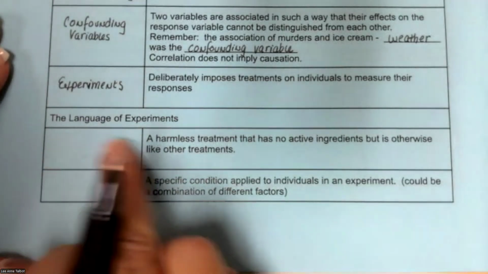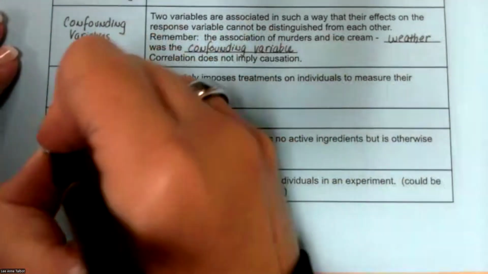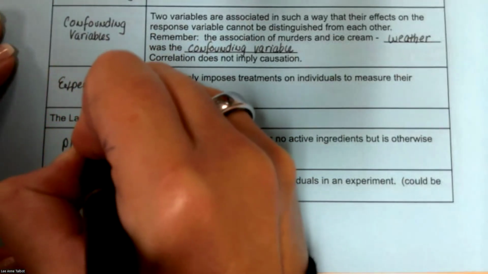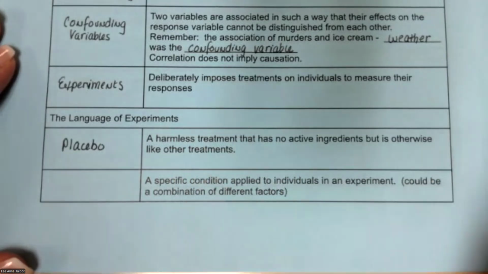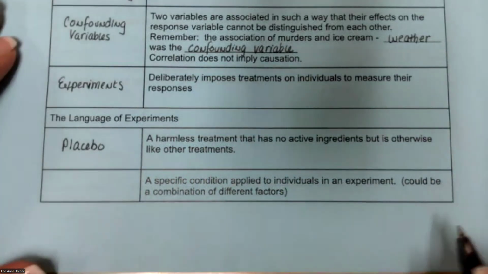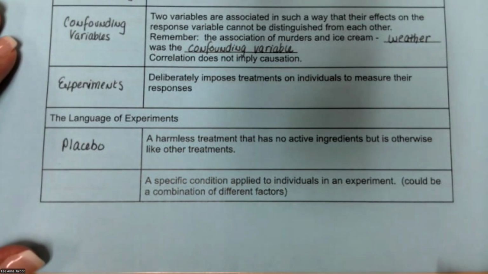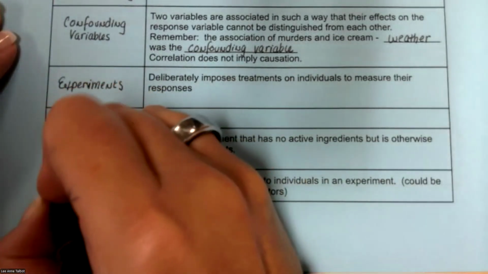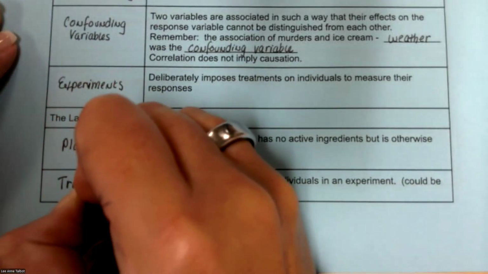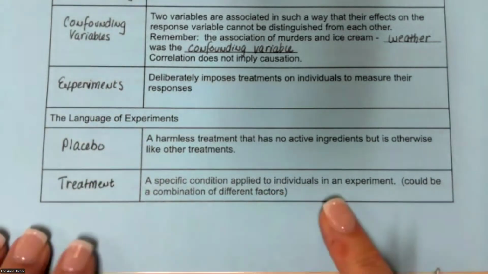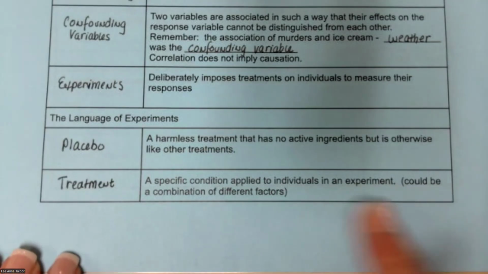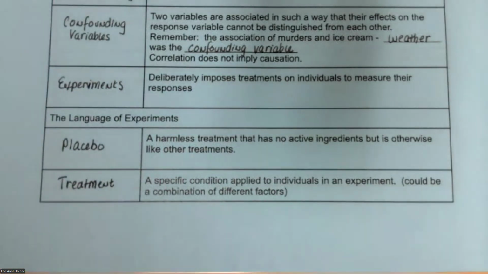Okay. The language of experiments. A placebo: a harmless treatment that has no active ingredients but is otherwise like other treatments. Treatment: a specific condition applied to individuals in an experiment, could be a combination of different factors.